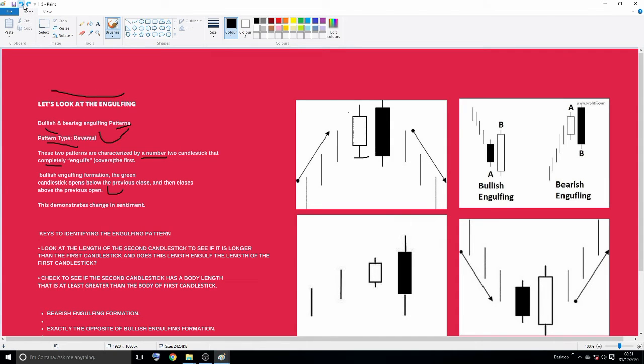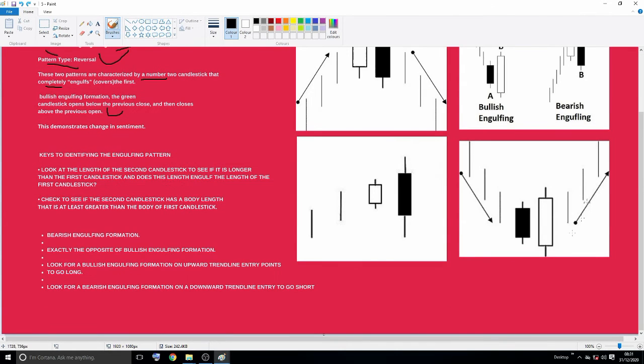This is a good example of the engulfing. This demonstrates a change in sentiment. So if the market was going up and this pattern forms, the market will start dropping, and if it's dropping and this pattern forms, the market can start going up.